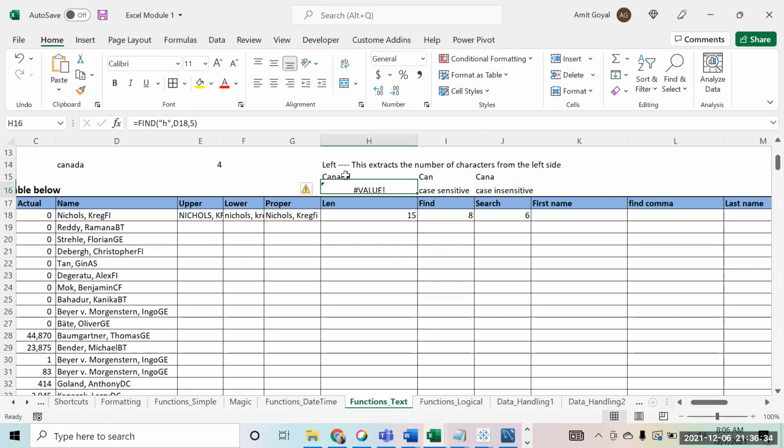Okay. So now if I give you a task, what you all have to do is extract the first name over here from this data. So how will you do that? We have to write a formula so that one formula works everywhere and gives you the first name. See, I am assuming that this is the first name. Nichols, Reddy, Strele, these are the first names. So can you create a formula for this?